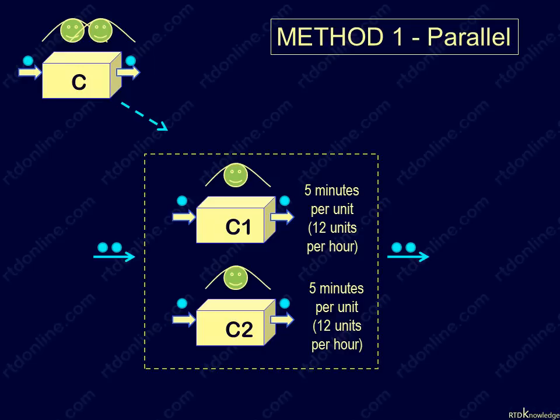The new station C, made up of substation C1 and C2, can now work on 2 units at the same time. Its capacity per hour will be the sum of those of the 2 operators working in parallel, or 24 units per hour, which is equivalent to a cycle time of 2.5 minutes per unit.